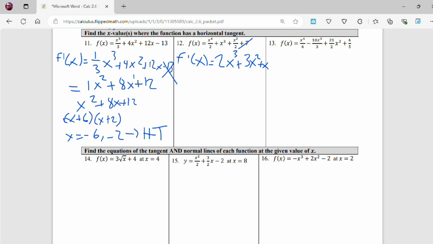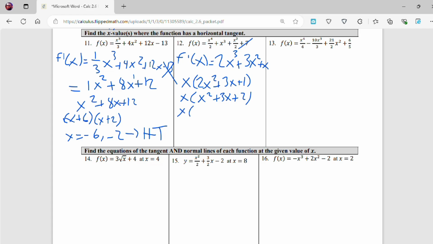So now we're going to factor out the x to find the zeros. 2x squared plus 3x plus 1, times x. Then we're going to do the AC method. So 2 times 1 is 2. Then we're going to divide the factors by 2.